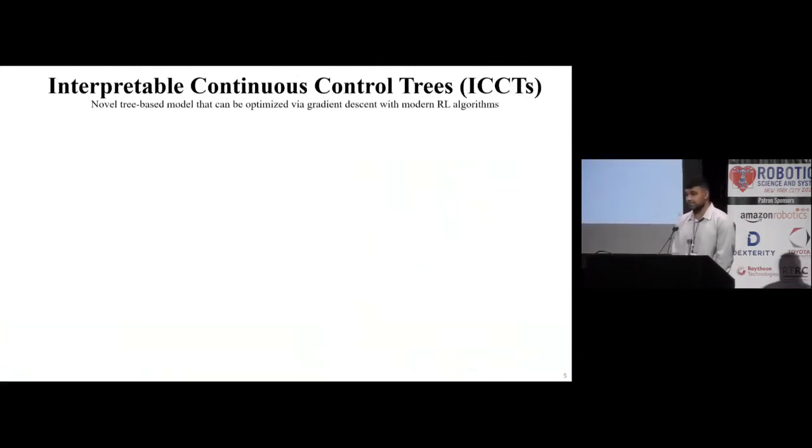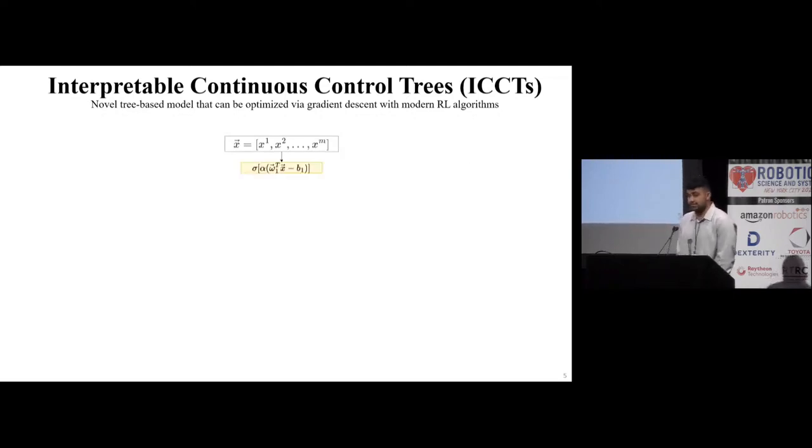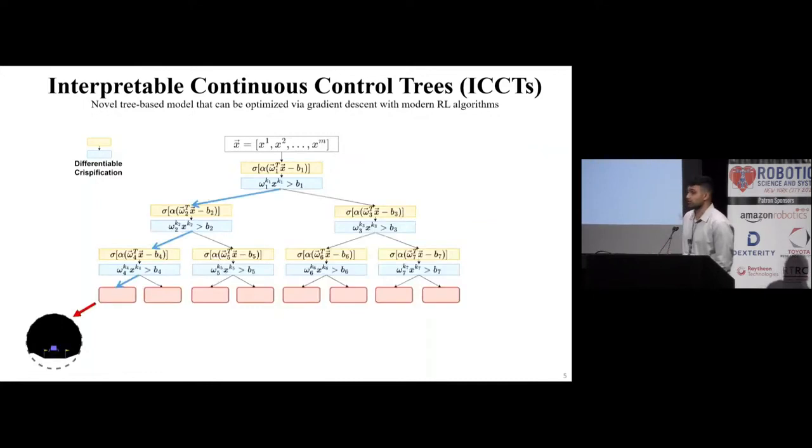To resolve this inconsistency issue, we proposed interpretable continuous control trees, or ICCTs. Here we start with a set of input features X. These are passed into a decision node, and we utilize a differentiable crispification mechanism to translate this node into an interpretable node while maintaining gradients. Our differentiable crispification mechanism allows us to directly optimize over sparse decision tree-like representations, ensuring that the output of the interpretable tree is the exact same output as the differentiable model.